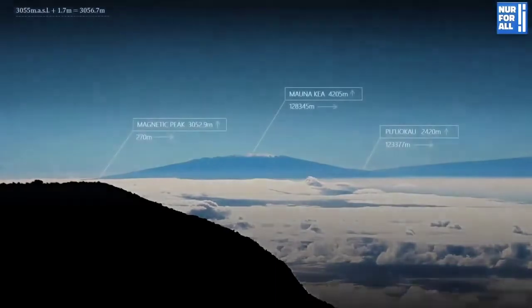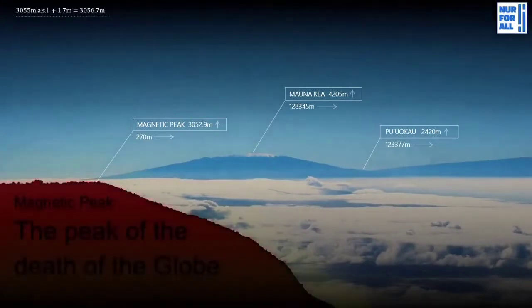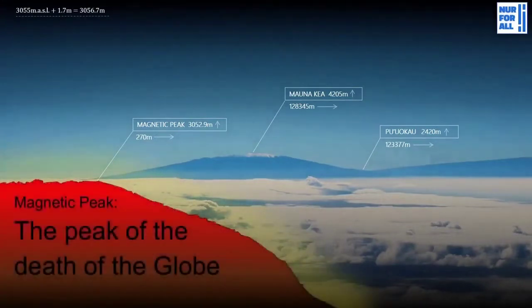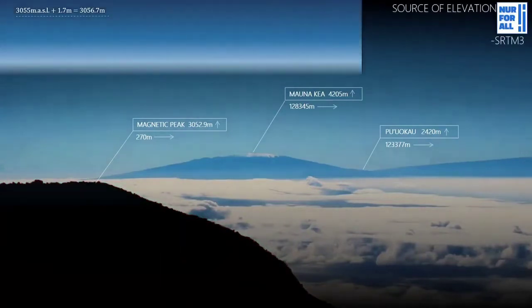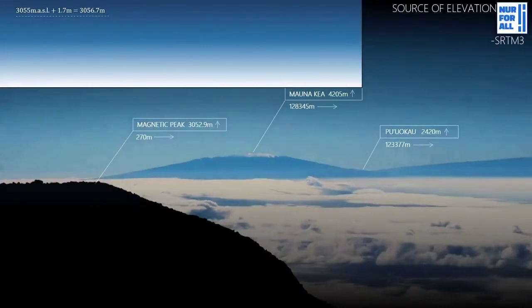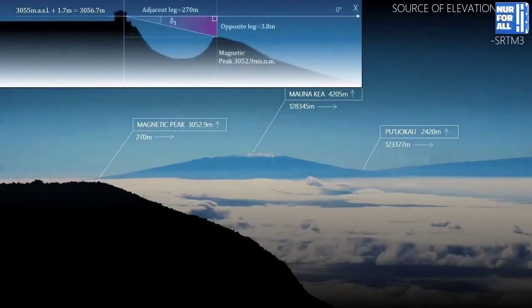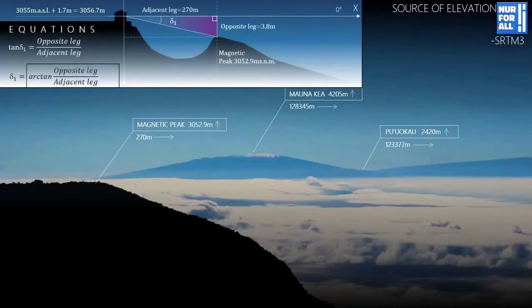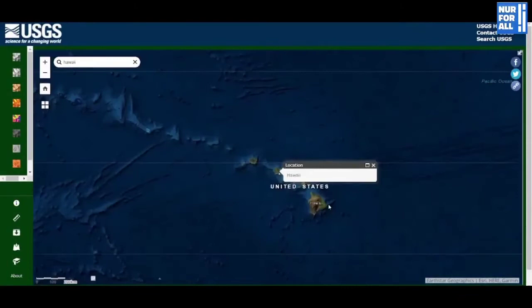And this is the panorama you get. I leave the equations here to calculate delta 1. Peak heights are public domain data provided by the United States USGS.